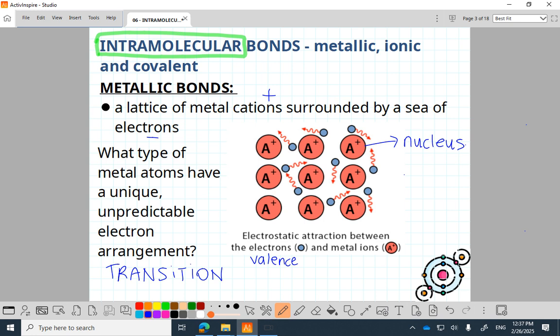So it's going to be positive. And the reason it's positive is because there are more protons than electrons. So then instead of the valence electrons traveling in the orbits, 2 in the first, 8 in the second, they are free to move around.